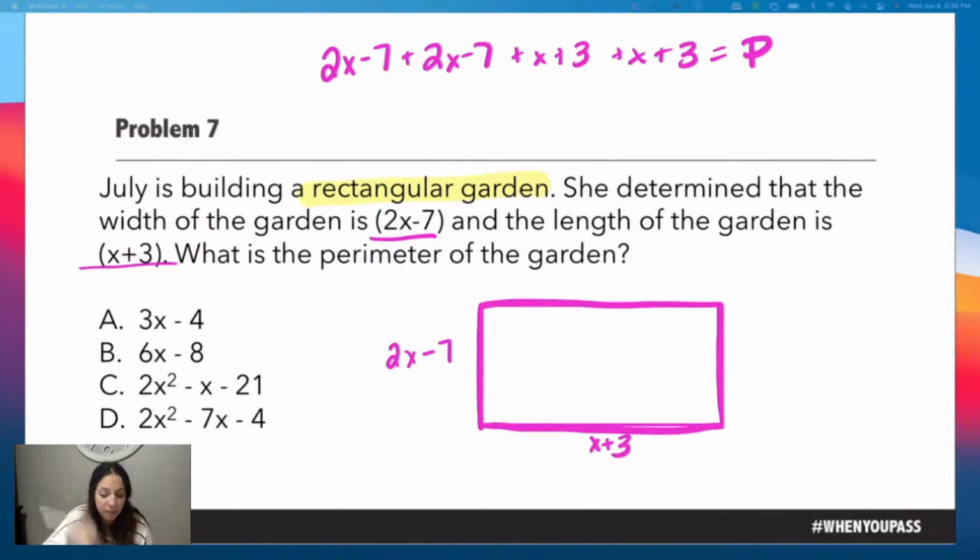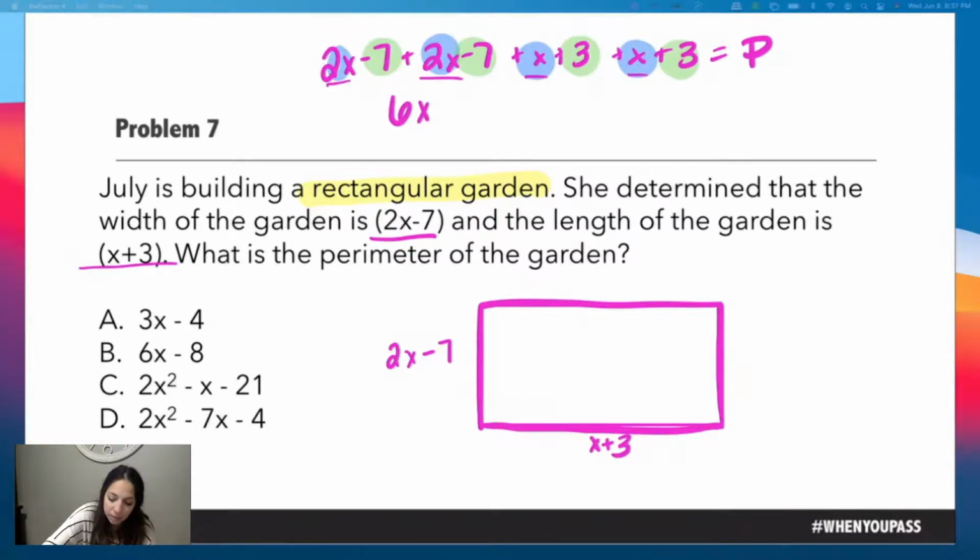And now I'm just going to simplify that. I'm going to add together the things that are alike. So my x's can go together, and then my constants can go together. So 2x plus 2x is 4x, 5x, 6x.